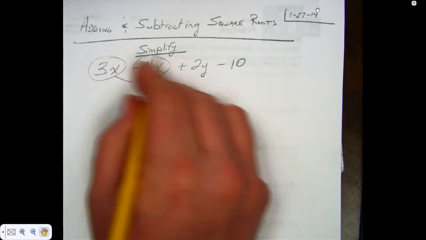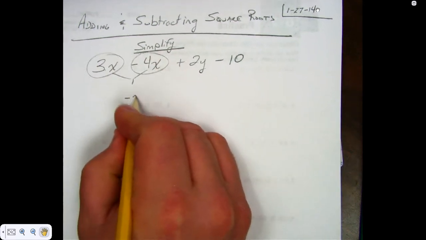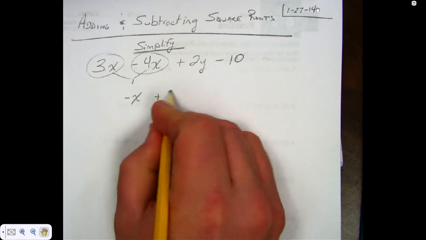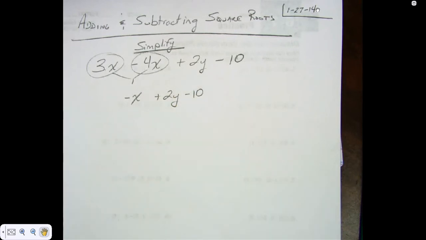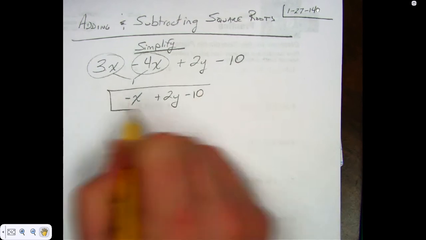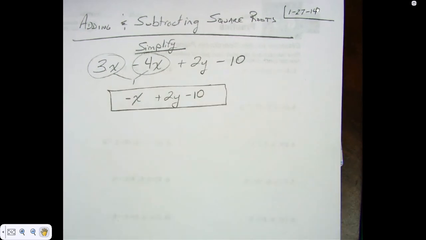These two are like terms, so this becomes negative x, or negative 1x, plus 2y minus 10. Are there any other things we could add together? Please pay attention. We're done. Okay?